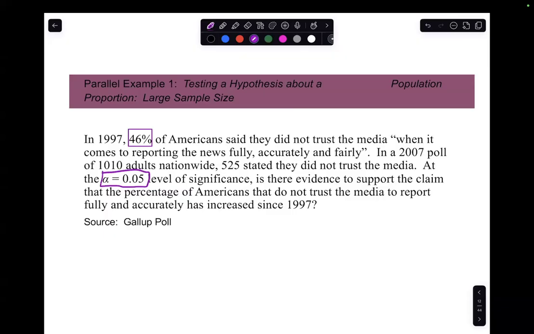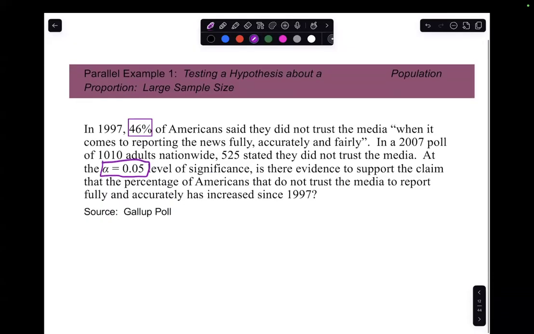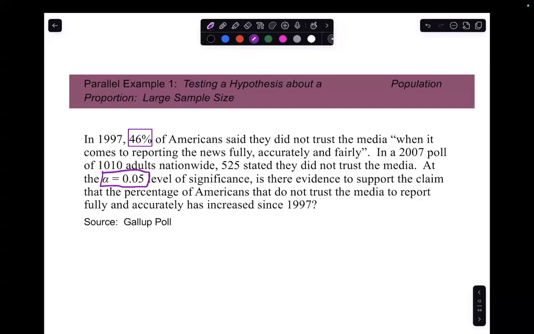So the first thing I'm going to look at is, do we have a random sample? We're assuming a random sample. I'm going to write all the steps here, up top because I need room. Assuming random. If it doesn't say it's random, we're just going to put that we're assuming random. Next thing I'm going to check, are they independent?